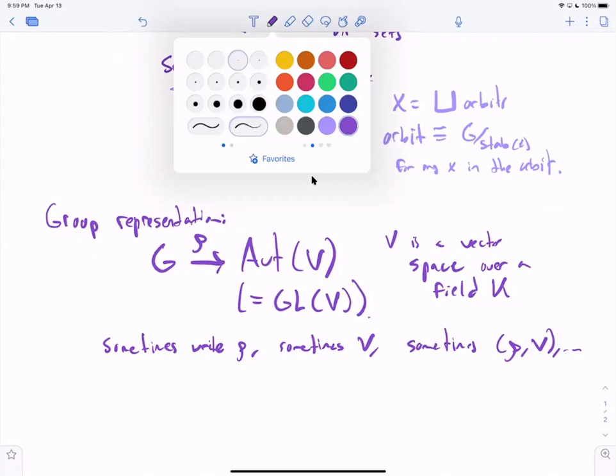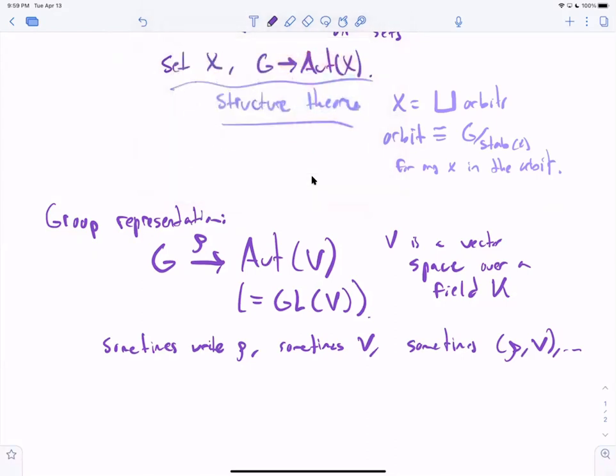In particular, a group representation is an action on a set, because if you're a vector space automorphism, you're in particular an automorphism of the vector space thought of as a set. Of course, this decomposition into orbits is not going to be so useful typically.